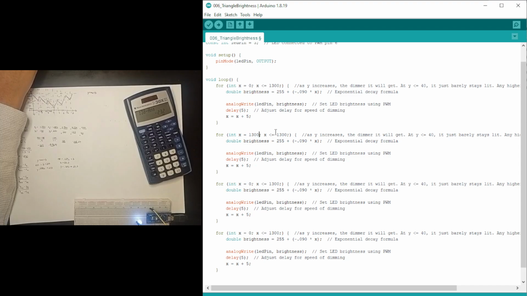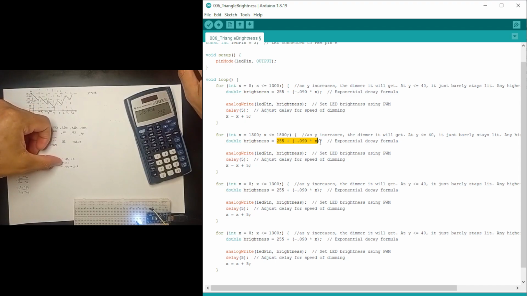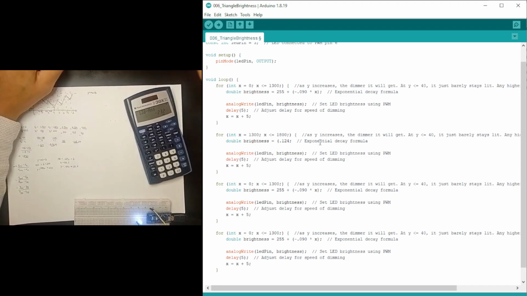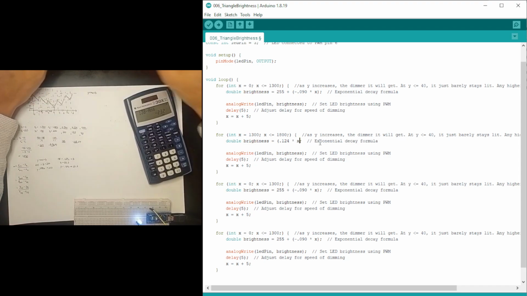Let's see if I'm able to do it this way. To 1800, and then the new equation is going to be 0.124 times x minus 23.2.